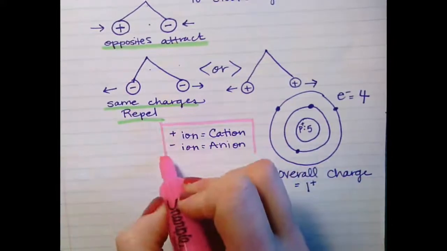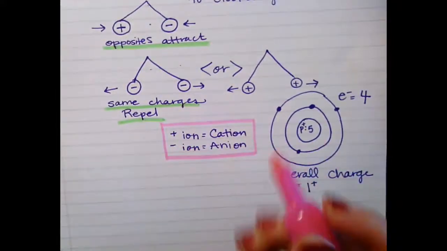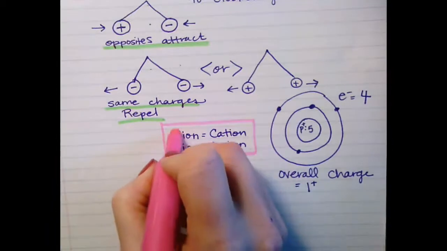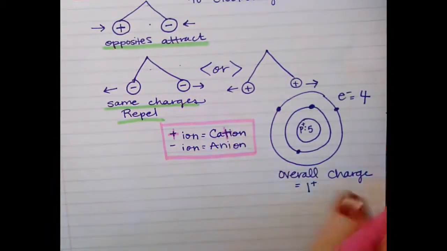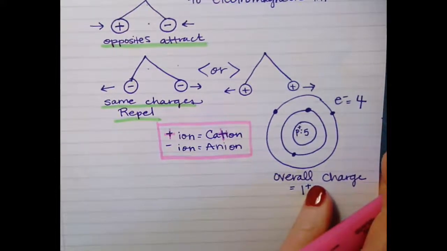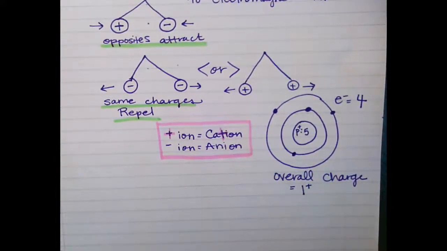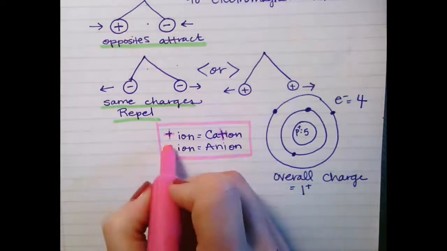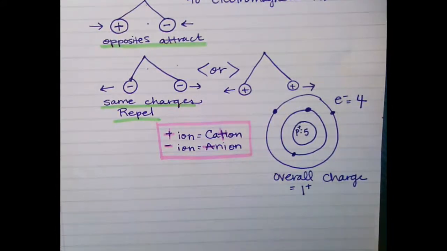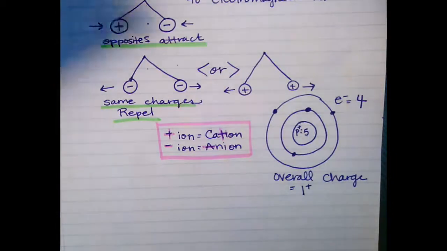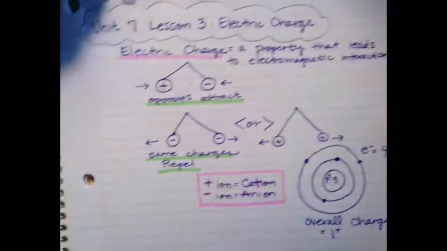I don't know if anybody remembers this, but I remember that the plus sign looks like the T in cation. And in anion, some people were talking about how the negative looks like the line that goes through the A. If that's a way for you to remember it, that works super well.